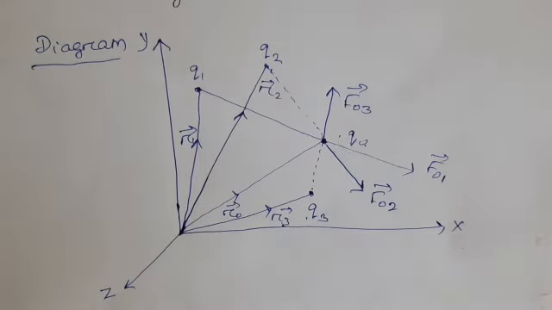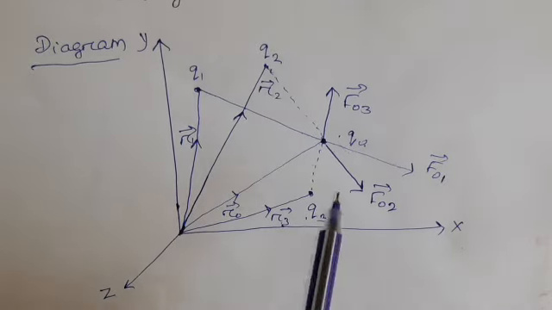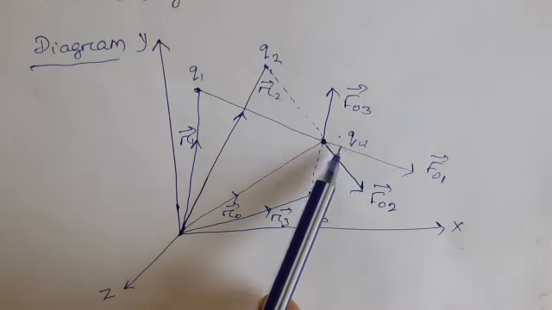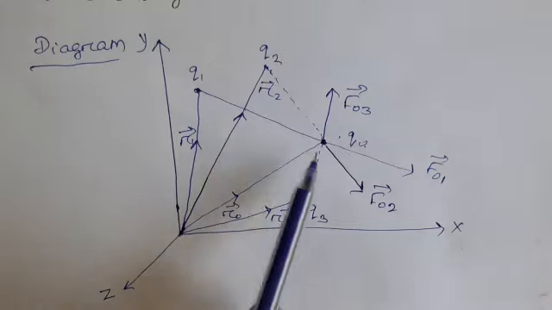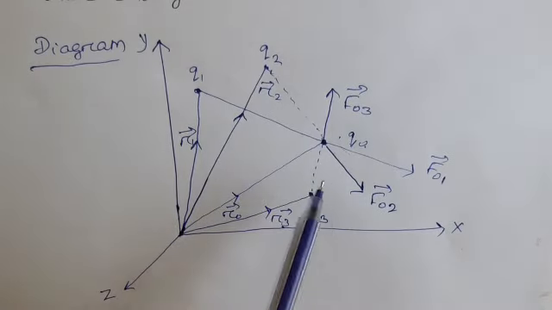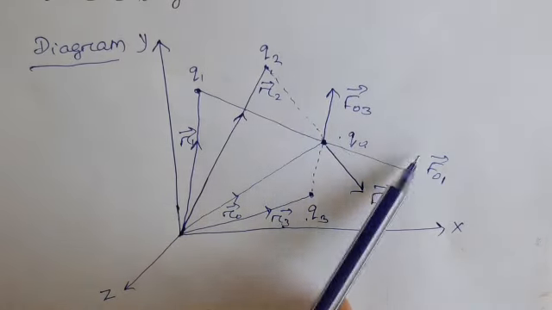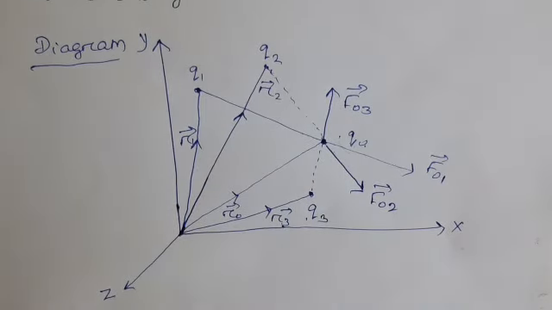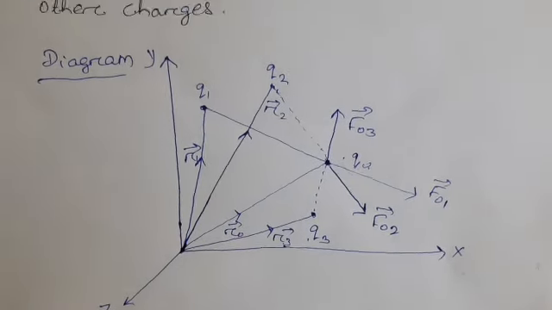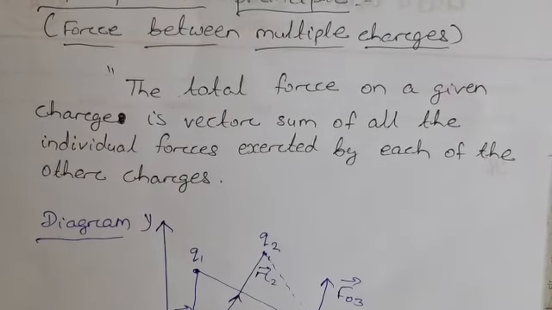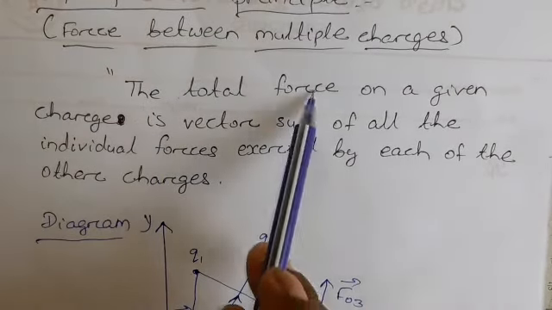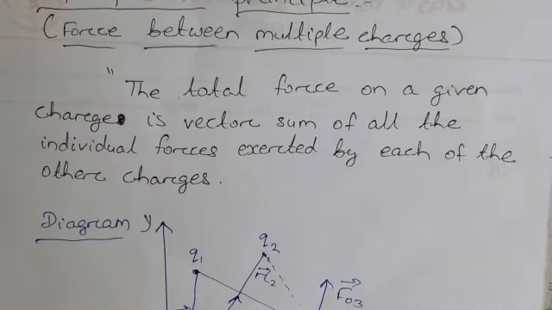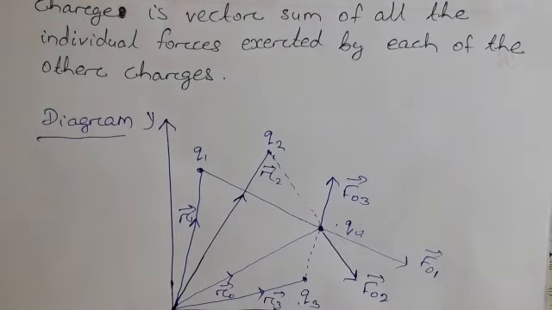Now according to the superposition principle, the total force acting on a test charge due to several other charges is equal to the vector sum of all the other forces. So here is the statement. The total force on a given charge. What is the given charge here? Q naught is the given charge.